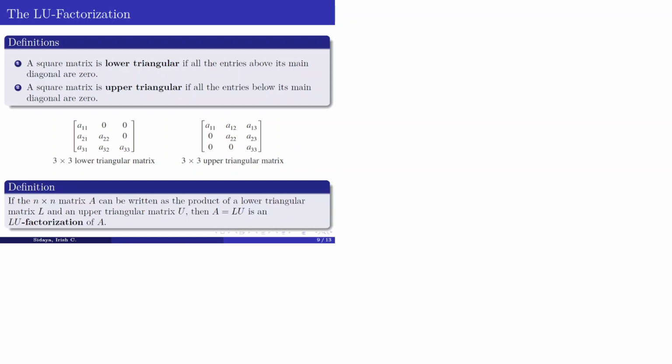Next is the definition of LU factorization.